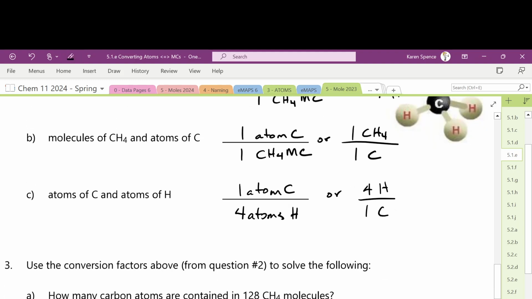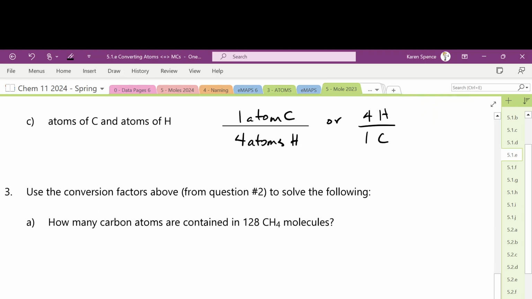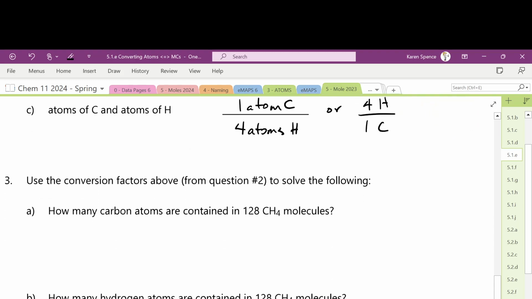Could you use these conversion factors to solve these problems? Do you want to try it on your own? Or do you want me to show you? Try it.